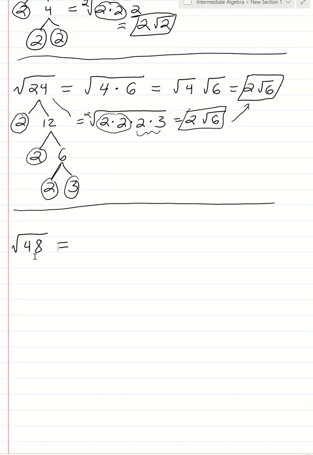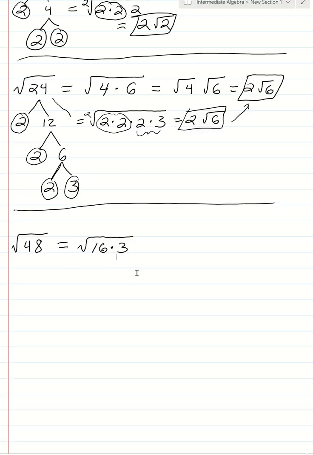We want one of the numbers to be the largest perfect square that will go into 48 evenly. So I will use the factors of 16 and 3. 16 times 3 is 48, and the number 16 is the largest perfect square that is a factor of 48.